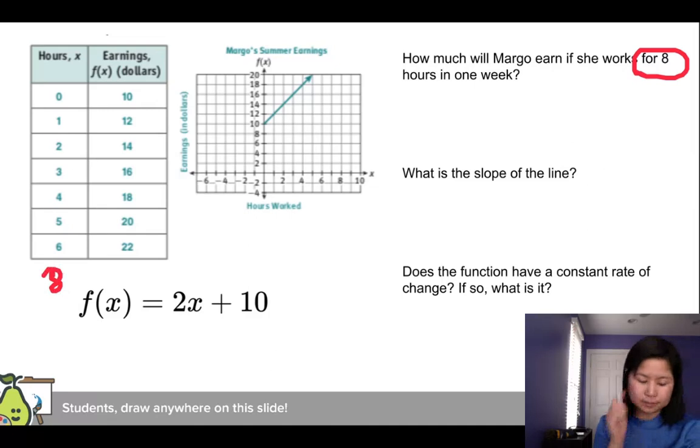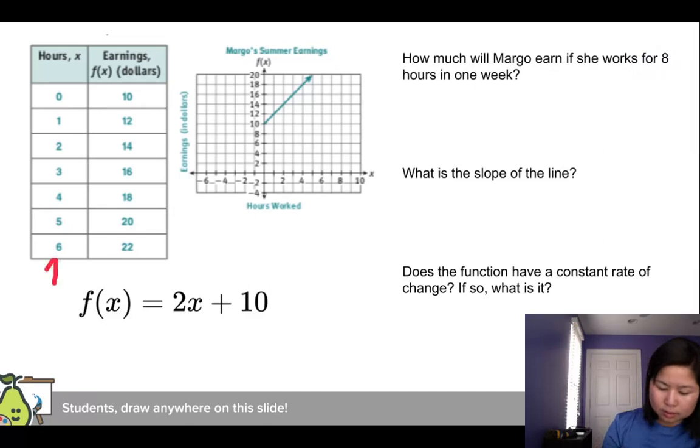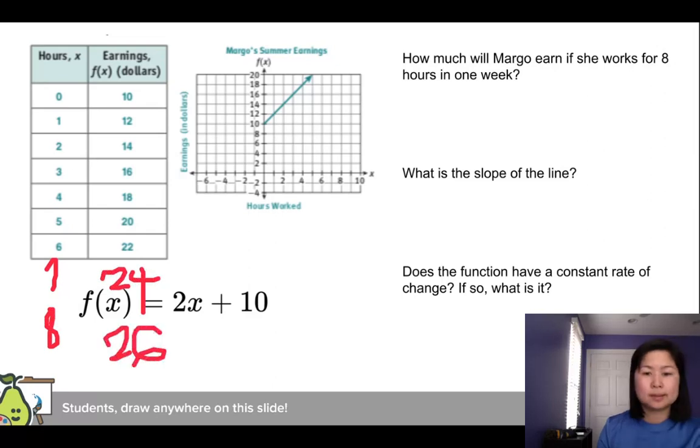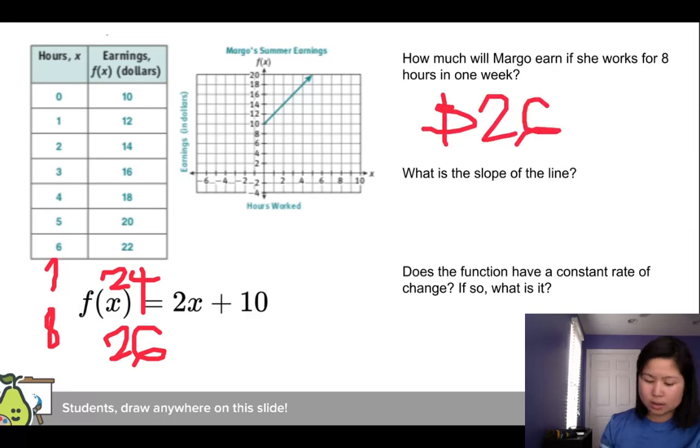Alexa, you're right, sorry. So we can go to 7 and then 8. For 7, it's going to be 24, and for 8 it's going to be 26. That's an option. So the answer is 26. Alexa, you got that. That's one way to do it.